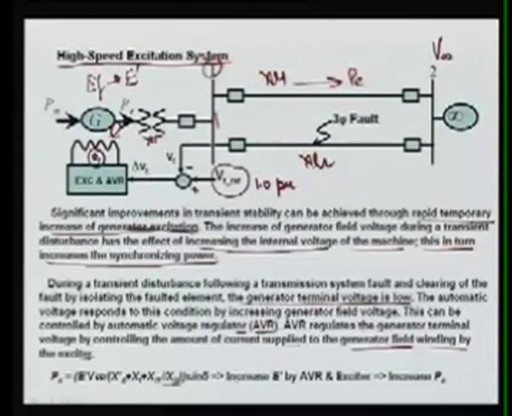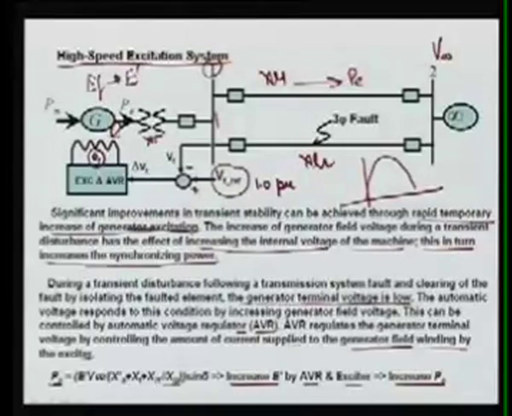So by increasing the EF by AVR excitation, we can increase the PE during that time. If the PE is increased, you can see this curve here. This was your curve, and during the fault it was like this. So if you can increase this, your system was operating here, and it comes here.